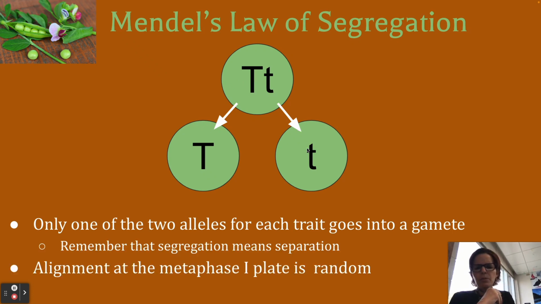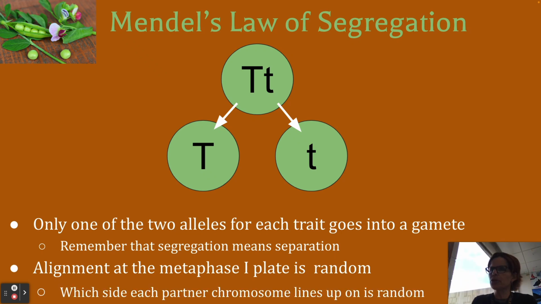So segregation means separation. The alignment at the metaphase 1 plate is random. So whether the little t is on the right or the left is random. And you have 20 to 25,000 of those genes that are lining up randomly. So any individual sperm or any egg is going to be super, super unique. So which side each partner chromosome lines up on is random.